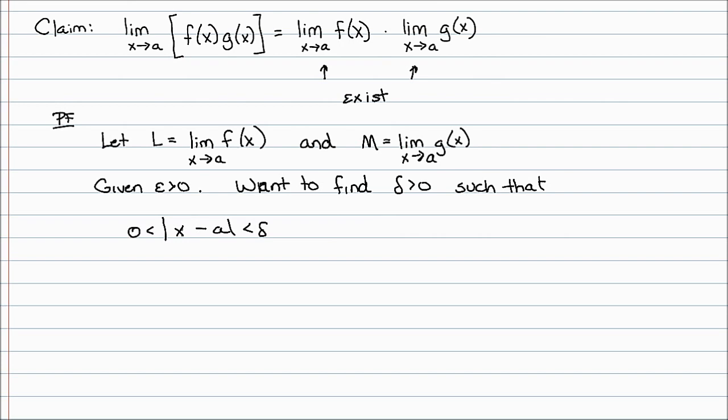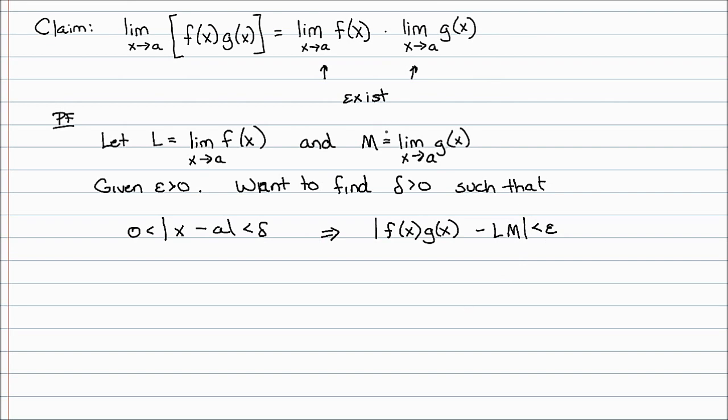When we input an x where its distance from a is within our delta neighborhood, it will automatically imply that the distance between f of x times g of x and L times M is less than epsilon.